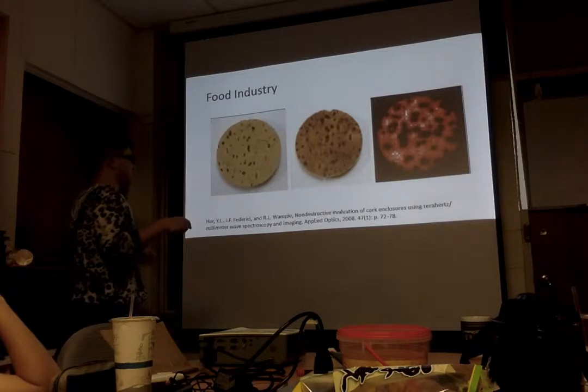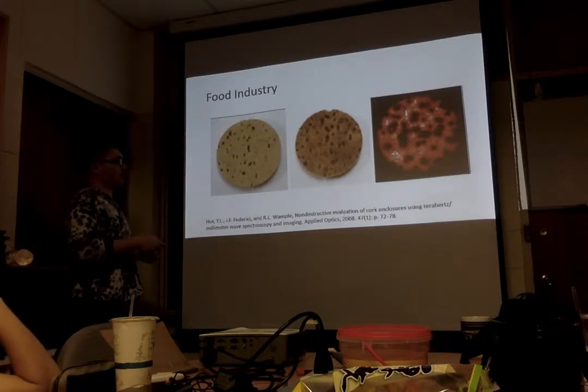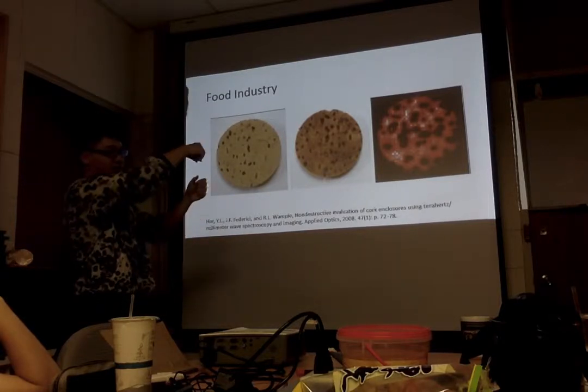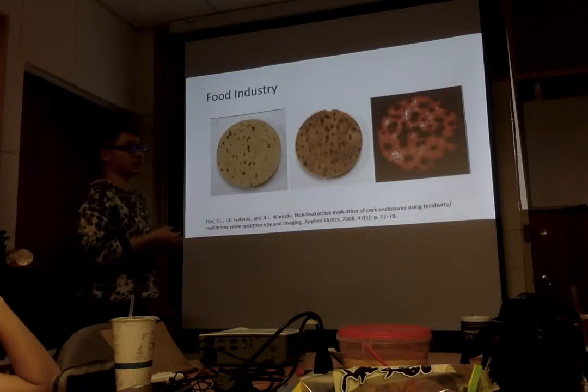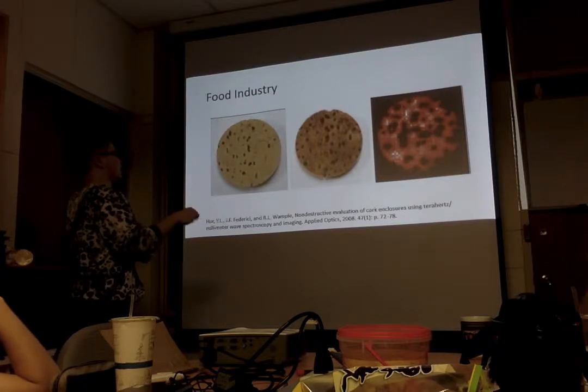And this one is cork. A cork is put on the wine to keep it in good quality, and this is important for the wine.